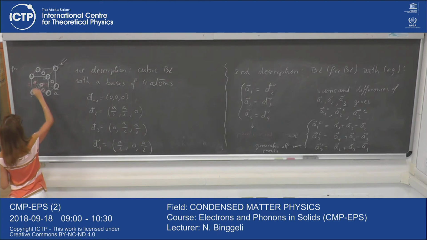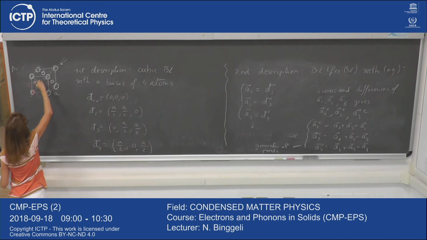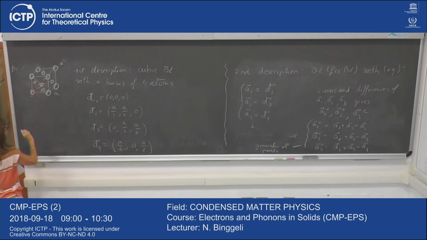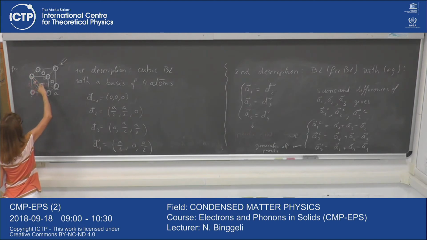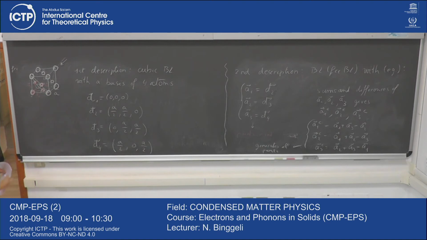Then I have another plane that essentially includes these three atoms, and in the back these three and this. So this plane, which is perpendicular to the diagonal of the cube, includes these atoms that are on a triangle here.